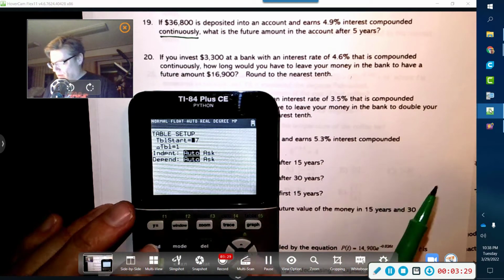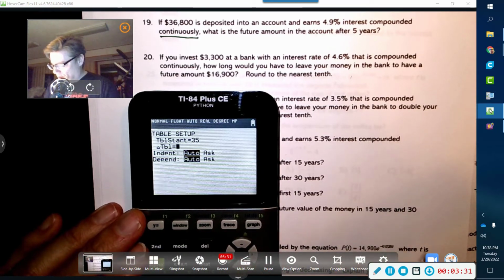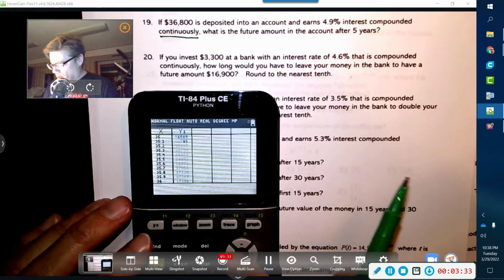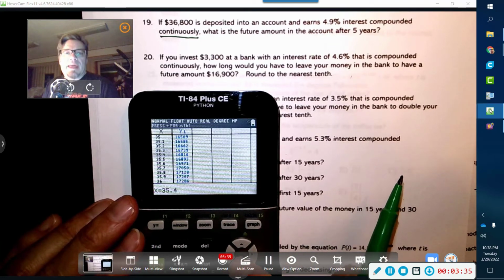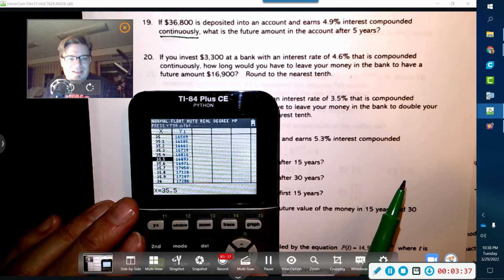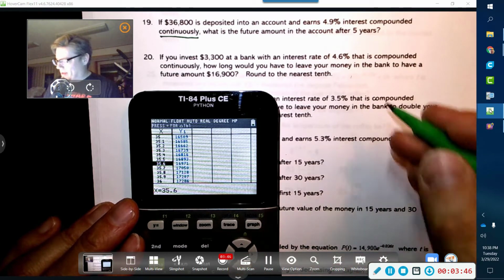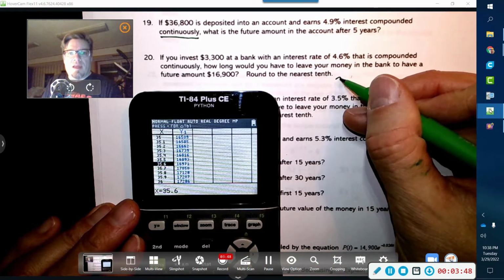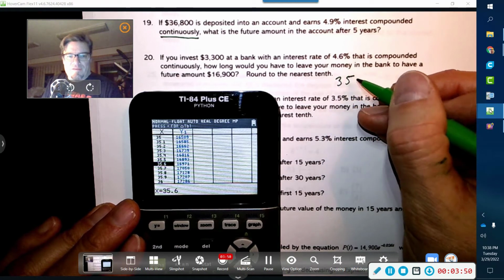So let's go to 35, and now I'm going to go up 0.1. Go back to my table, and 16,000 is between 35.5 and 35.6. So my guess, it's not a guess actually, it's going to be 35.55.